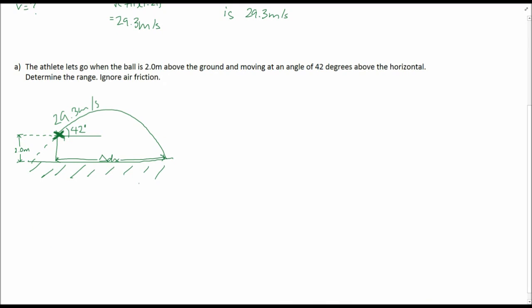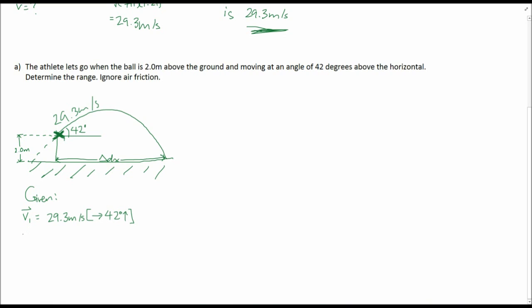So let's jump into our new givens. Our velocity v1 is equal to 29.3 meters per second, as solved in the first question, and it's 42 degrees above the horizontal.